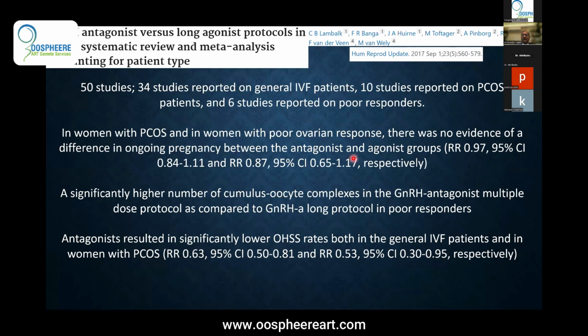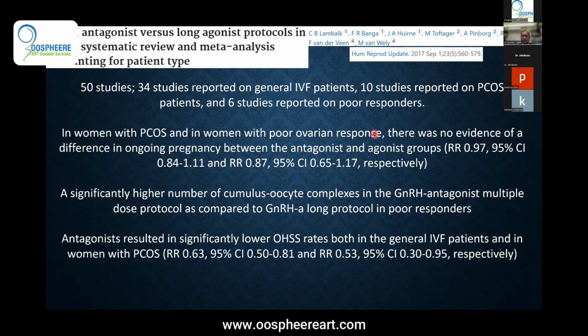Now look at this study in 2017, a systematic review and meta-analysis accounting for patient type. In this review, antagonist was compared with long agonist protocol. 50 studies were included. 34 studies were reported on general IVF patients. Out of 50, 10 studies were on PCO patients and 6 studies on poor responders.